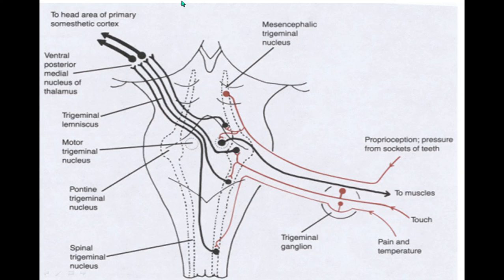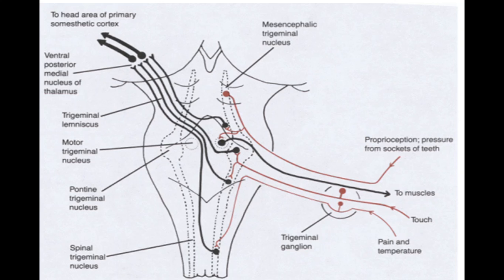This is the only instance where the primary or first order neurons in the sensory pathways are located within the central nervous system. Nowhere else do you find the first order neurons of a sensory pathway within the central nervous system. They are all outside.